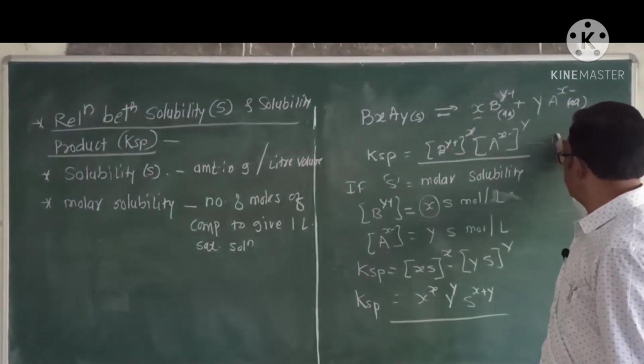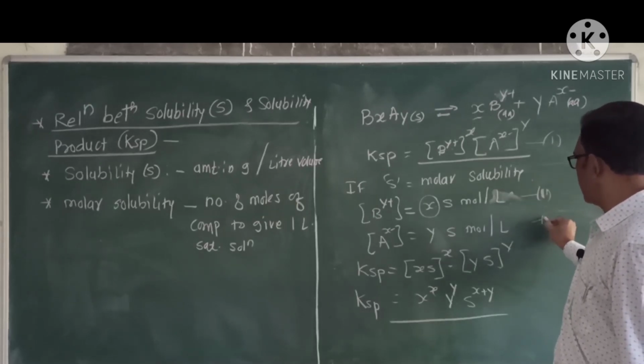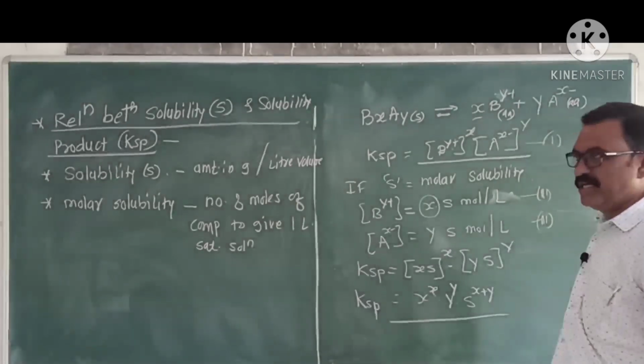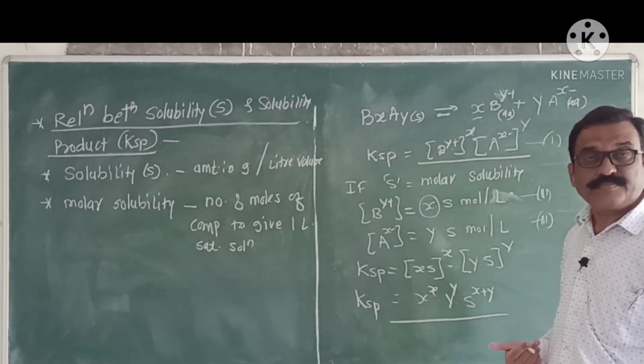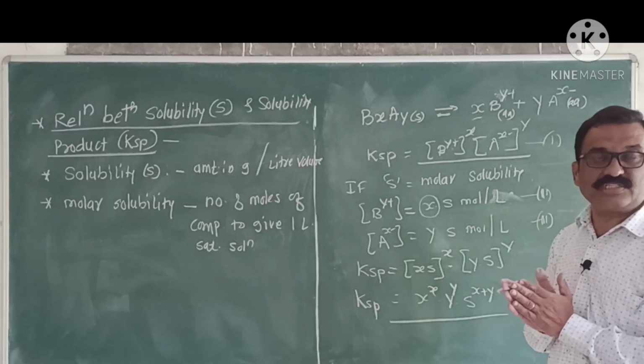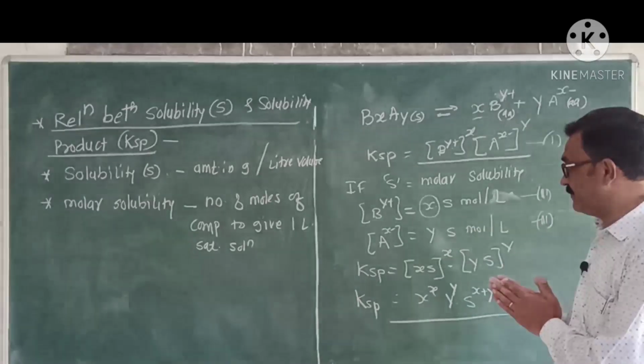Suppose this is equation number 1, this is equation number 2, and this is equation number 3. Equation 2 and equation 3 give the equilibrium concentrations in terms of the molar solubility.